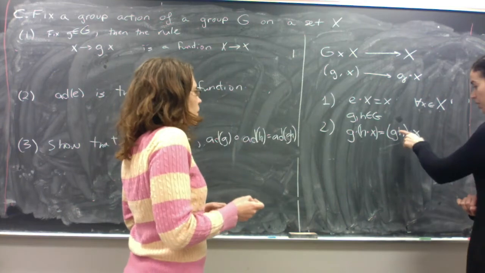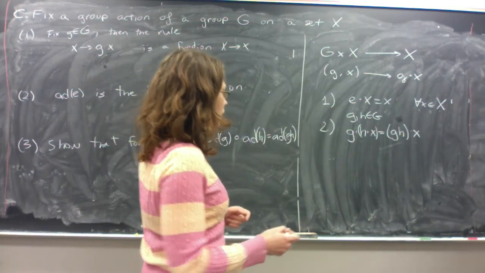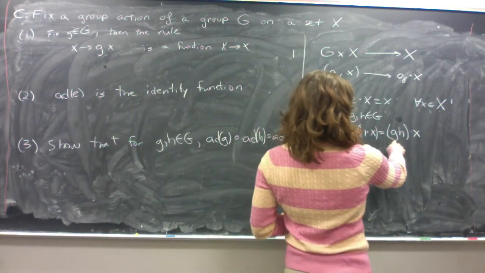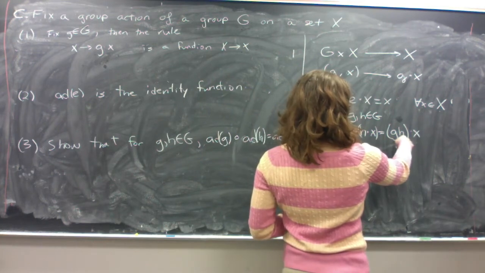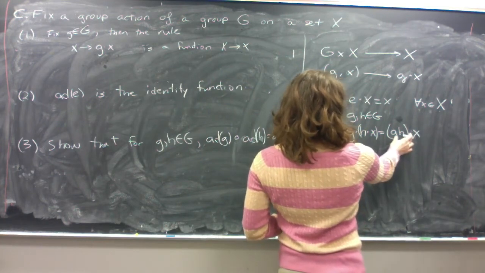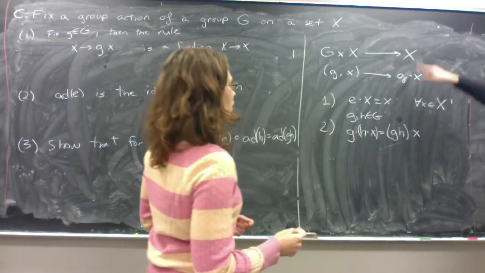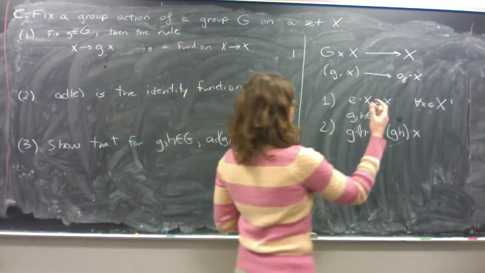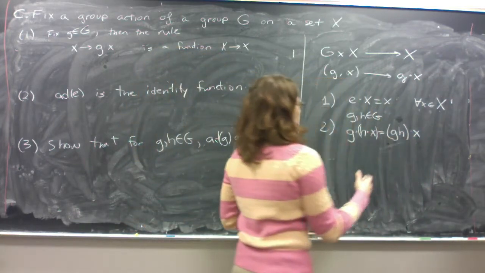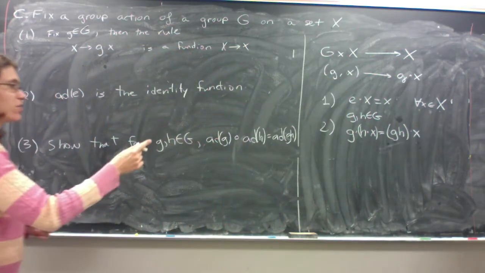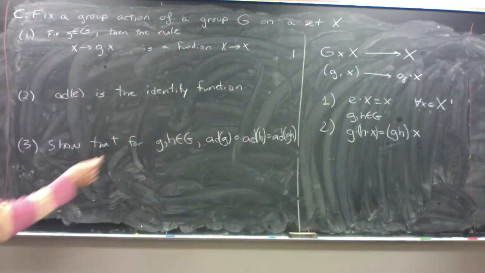Should there be a dot here between G and H? No, because this is an element of the group. G and H are in the group, and we're reserving the dot for when you take something in the group and do something to X. Okay, so this is our definition of group action.